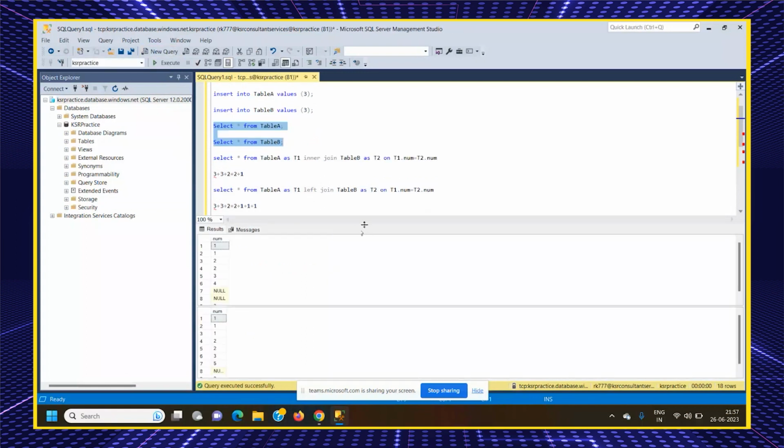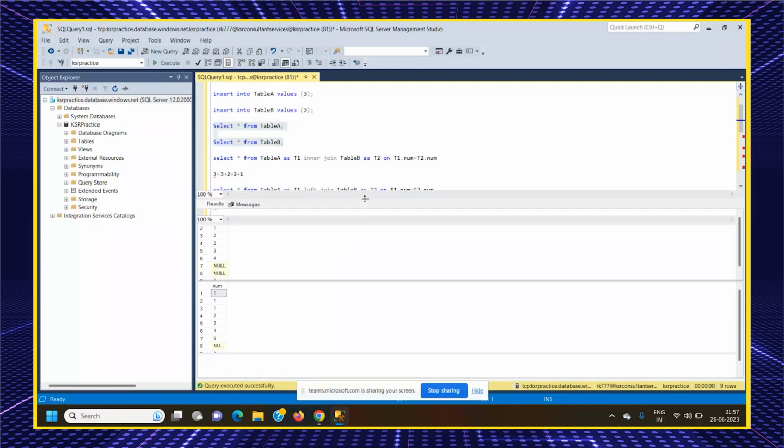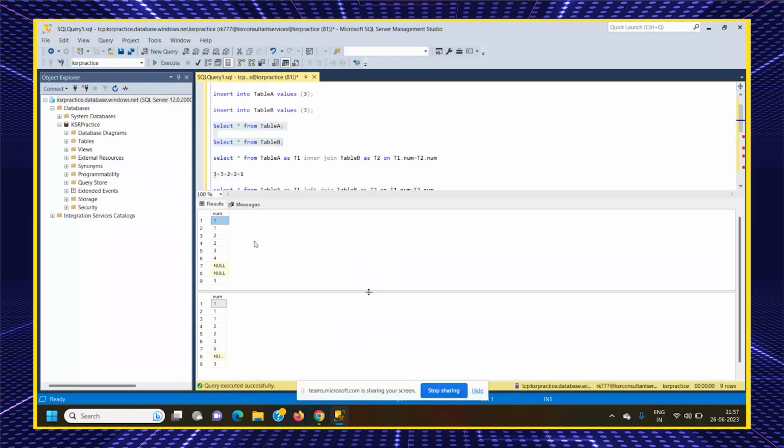We have around 9 records in both tables. So in case of inner join, what would be the count here? In case of inner join, table A and table B, similar records. For 1, we have 3 matching records, so 1 into 3 is 3. Again, for 1, we have 3 matching records, so 3.